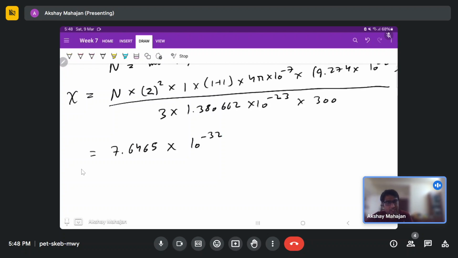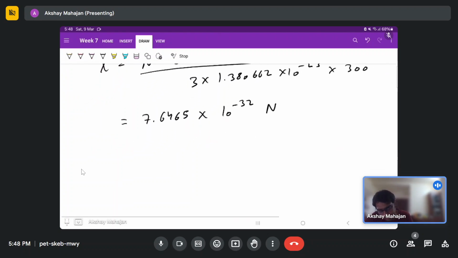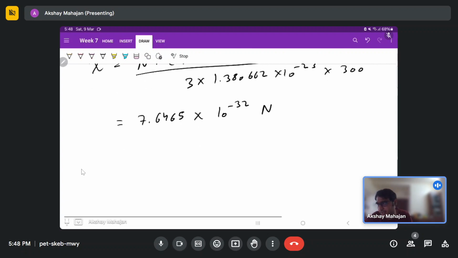Please check the calculation, and if there is any issue, let me know. There might be some calculation mistake that I might have made, but overall the concept is the same. And here note that this is in SI.